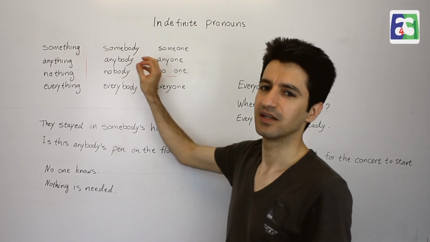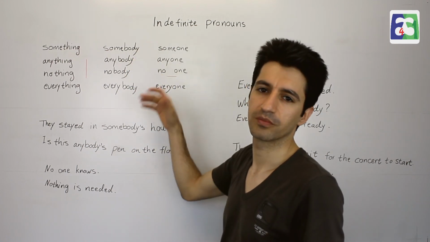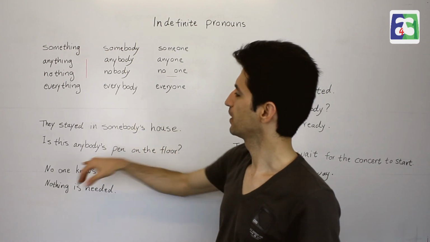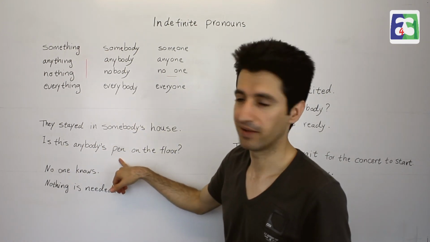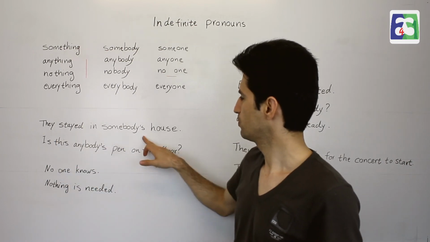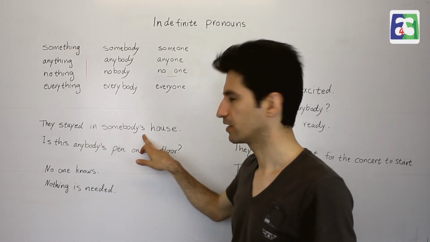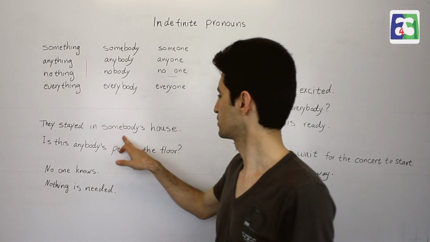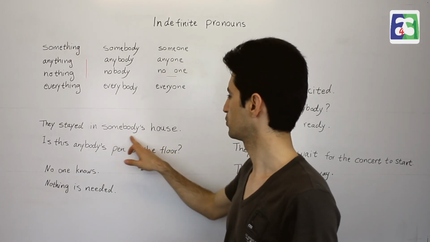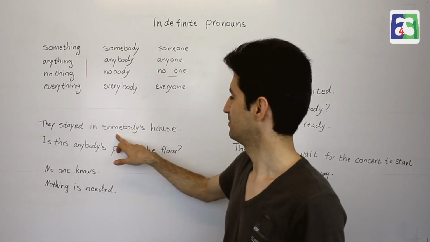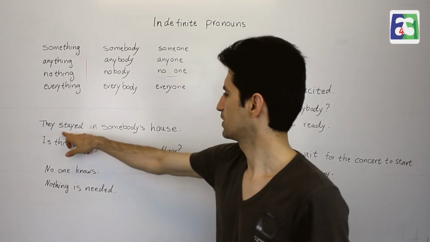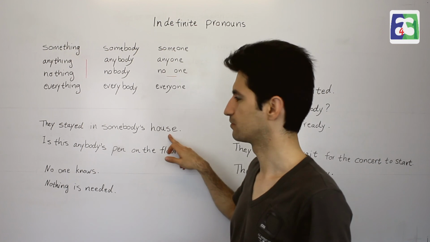I can just add apostrophe s and then talk about what they have. So somebody's house, anybody's pen. They stayed in somebody's house. It is not clear who, but we say somebody's house. We don't know who these people are, but we say they stayed in someone's house.